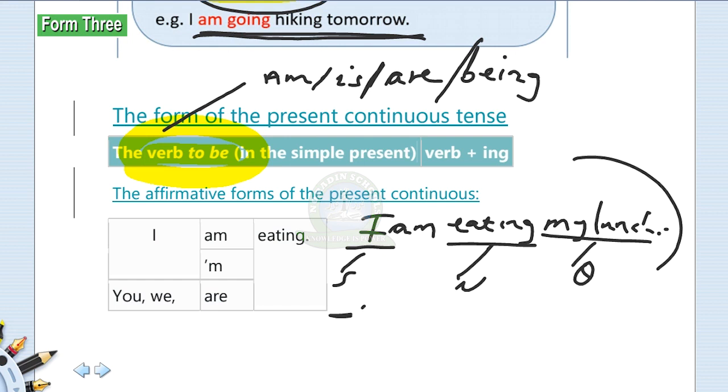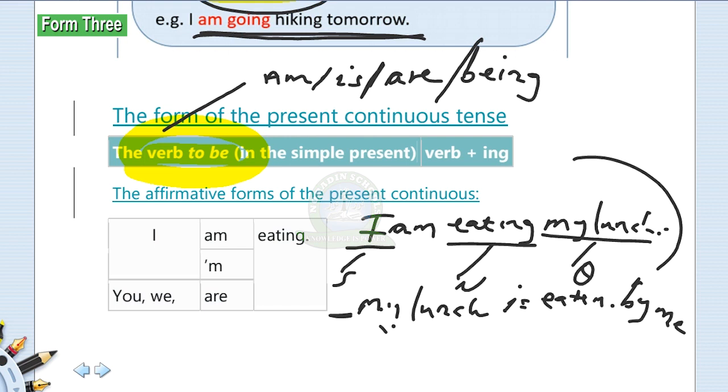So you say what? My lunch is eaten. By whom? By me. My lunch is eaten by me.